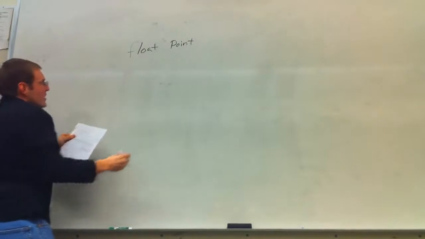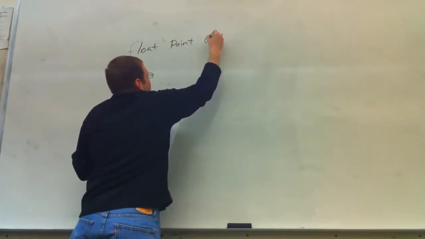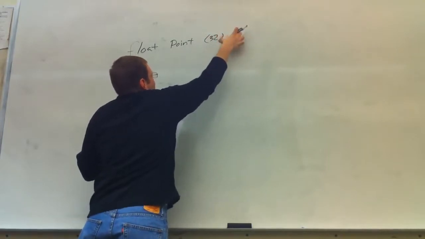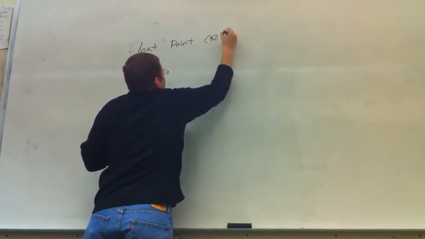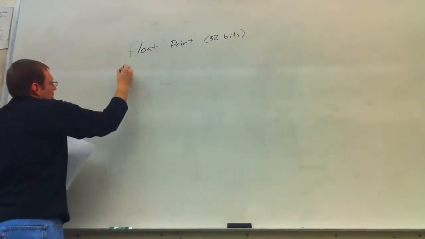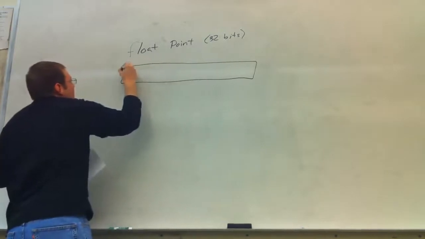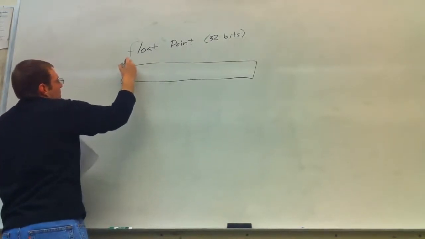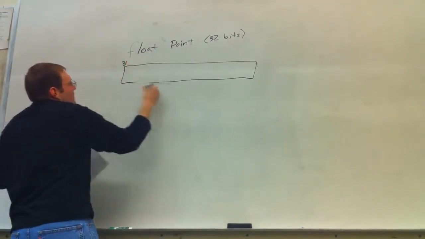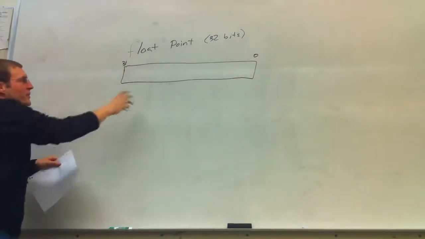Alright, so the float we had 32 bits. So we're going to draw this box. This is 31, 0. So this is a bit here.